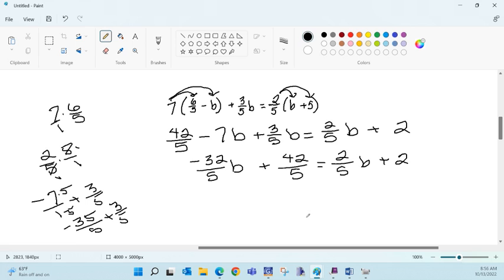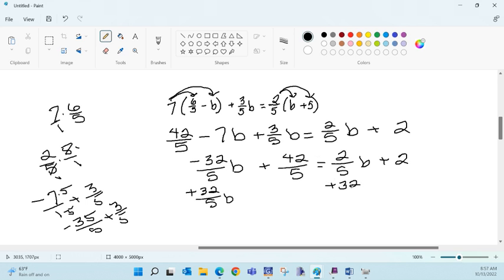You can switch the order of the 42/5. We could put the 42/5 in the front, it doesn't matter because it's still plus. Okay, so negative 32/5 b, let's add 2/5 b to both sides.